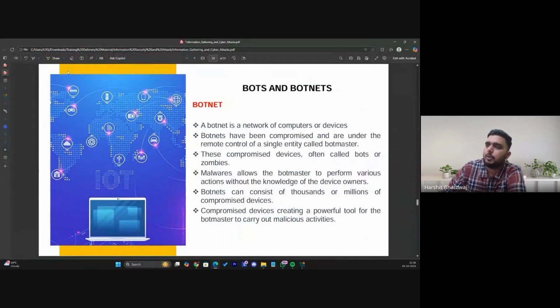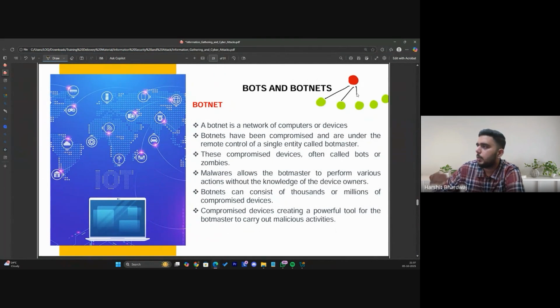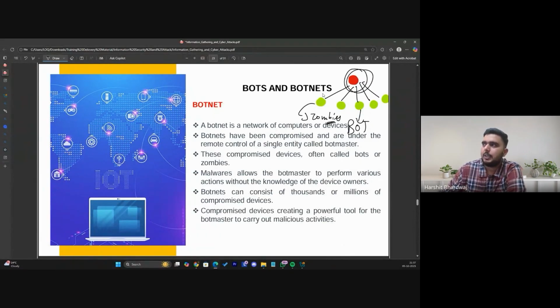So let me draw this for you over here. This is the botmaster we have. So what exactly is happening over here? All of these machines that you see over here are zombies, or you can call them bots. All of these bots are controlled by a single entity called the botmaster.